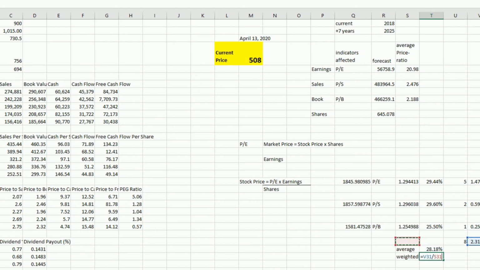So this is more or less 28, almost the same: 28.19%, 28.99%. So between 28.18 and 28.99.